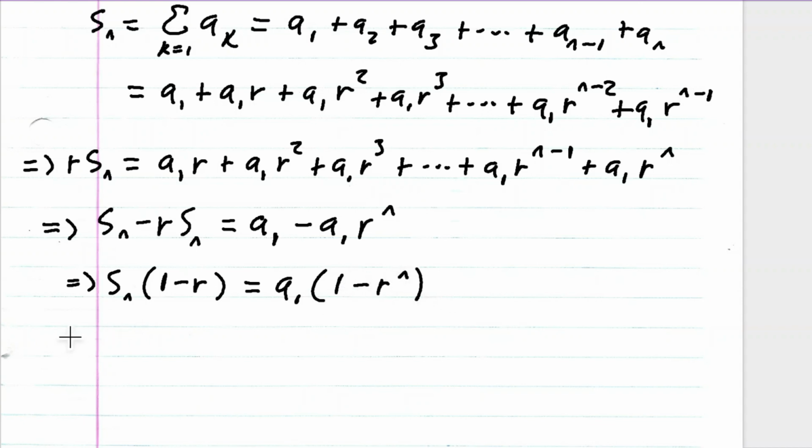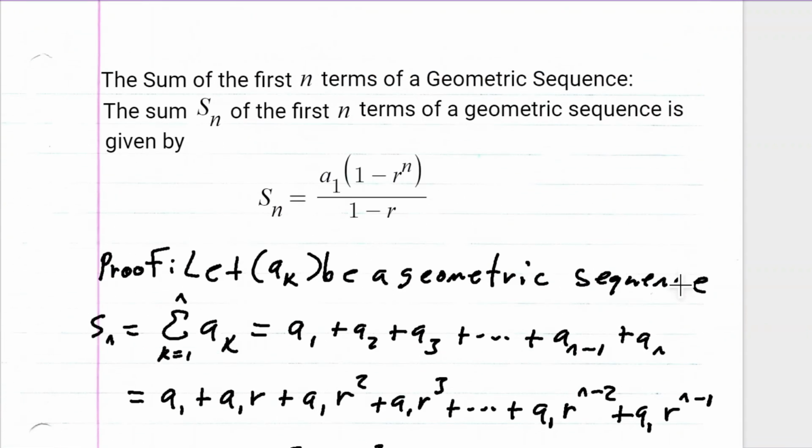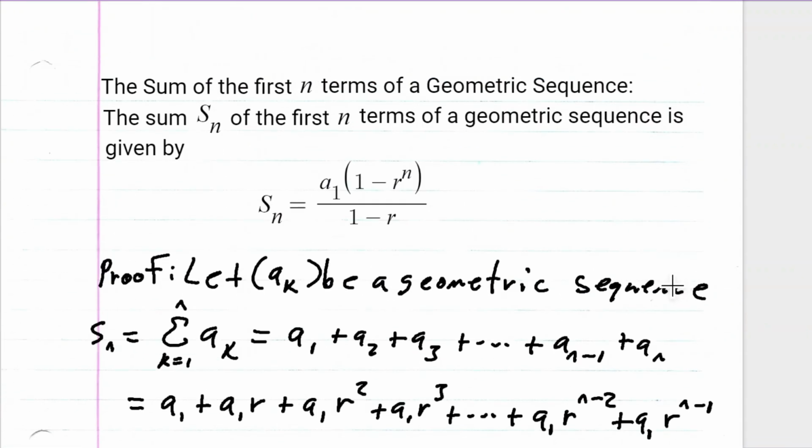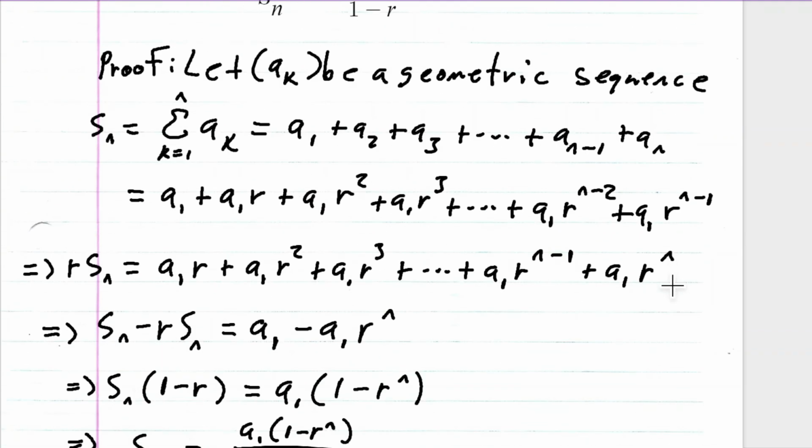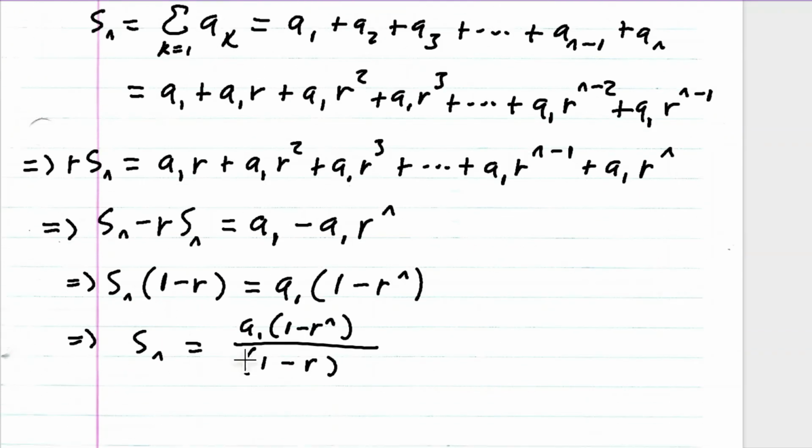And of course, if I divide both sides by 1 minus r, that'll give me S of n is equal to a sub 1 times 1 minus r to the n over 1 minus r, which is exactly what we wanted to show, right? And of course, for it to be a geometric sequence, that r can't be 1. So that's why it's okay to do 1 minus r at the bottom. We wouldn't be dividing by 0.